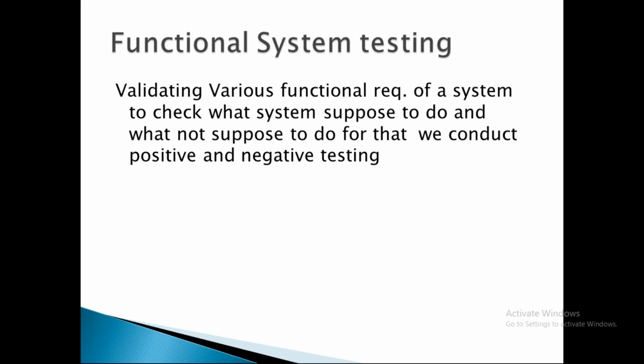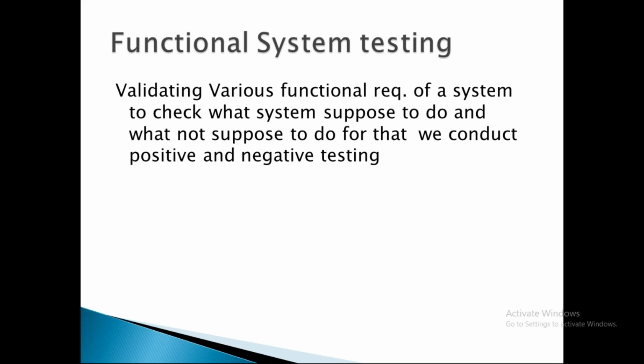That is one thing. And also what the system is not supposed to do? I give invalid credentials. The system should not log in successfully. This is how it should work. I'm just giving an example, positive and negative, both. For positive testing, you give valid credentials and check that it works. And you also check with invalid credentials so that it should not work.